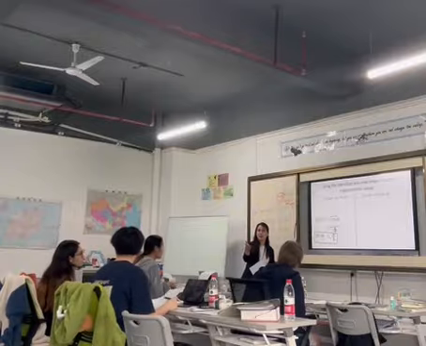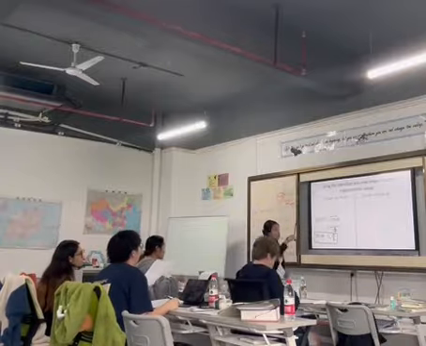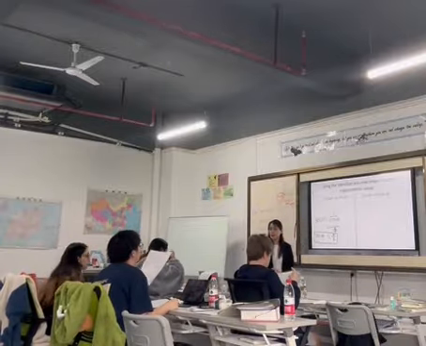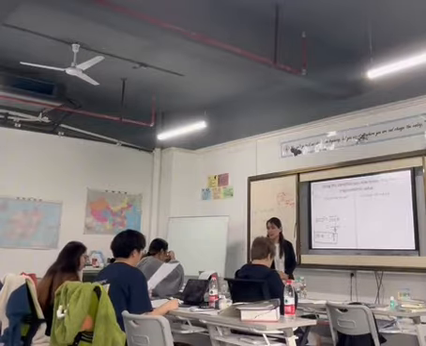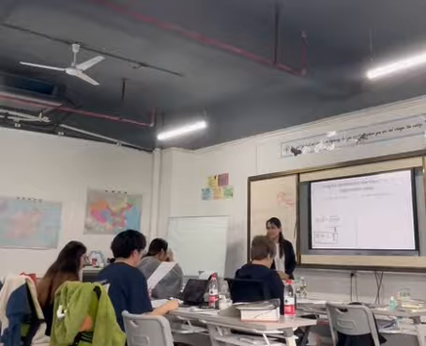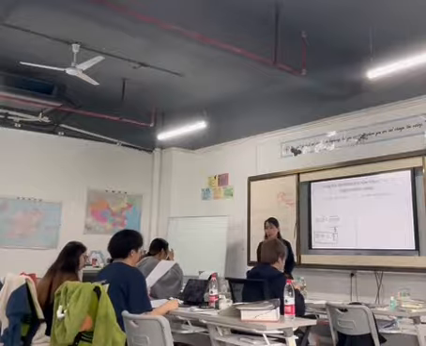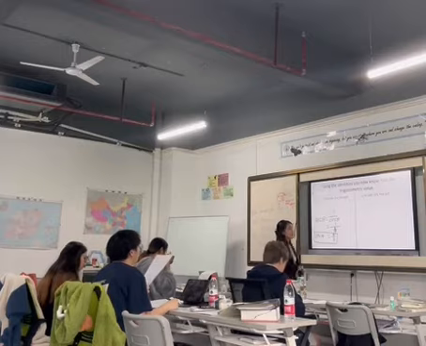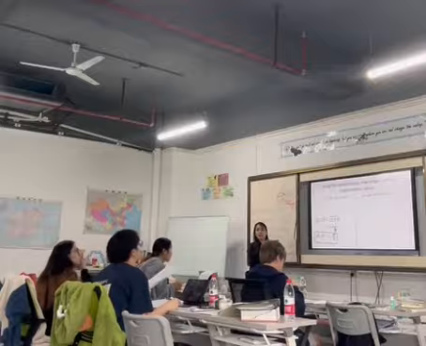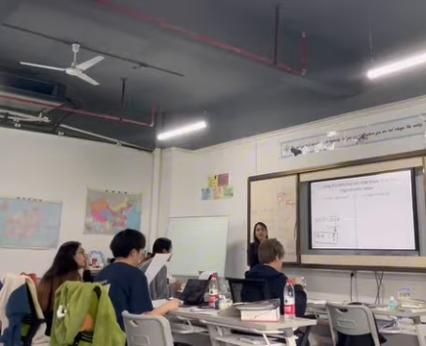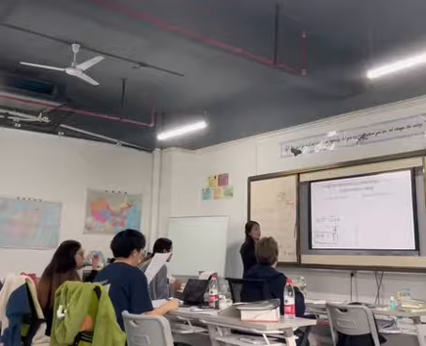I will just ask you a question. What identity would be used? The first, second, or third? Quotient, reciprocal, or Pythagorean?